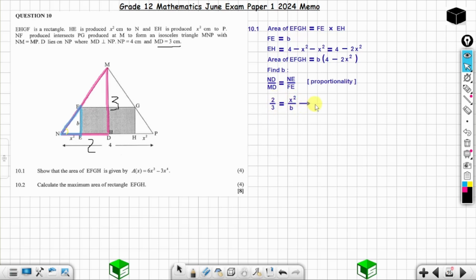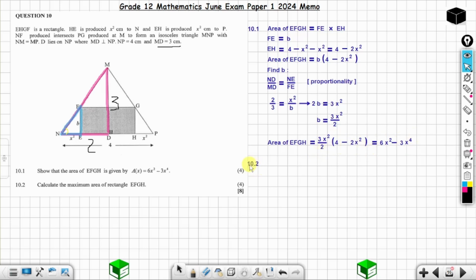So you have 2 times B is 2B, which is equal to 3x squared, and B is equal to 3x squared over 2. The area of EFGH is equal to B times what you have in the bracket. This is equal to 6x squared minus 3x to the power of 4.